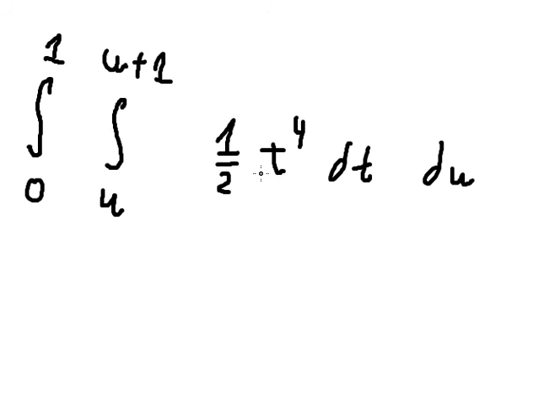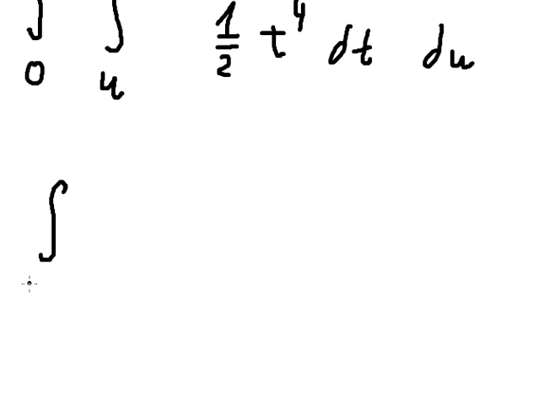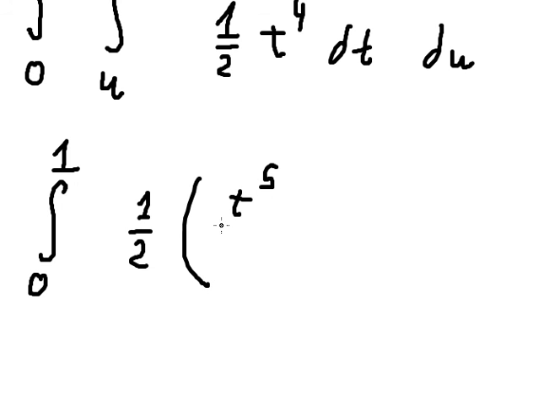The integration of t to the power of 4 is t to the power of 5 over 5. And we put the bounds from u to u plus 1.